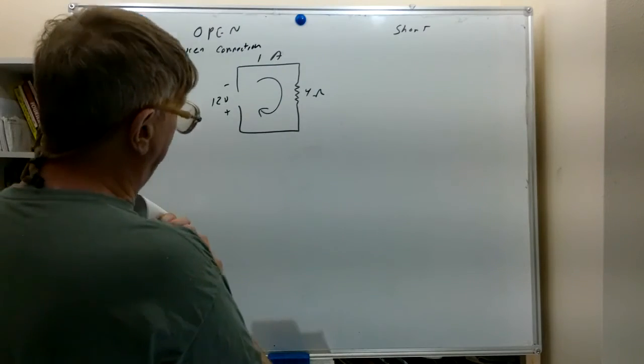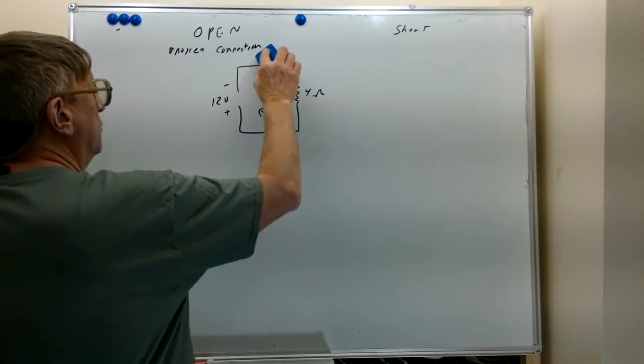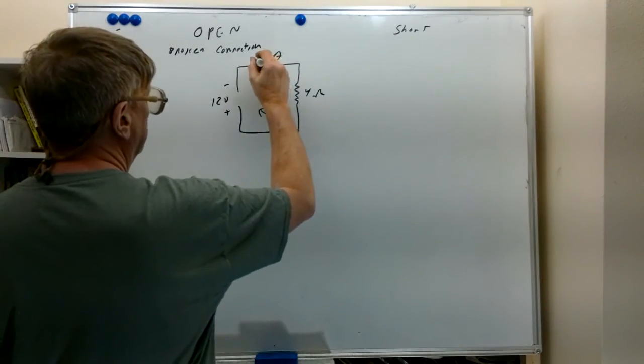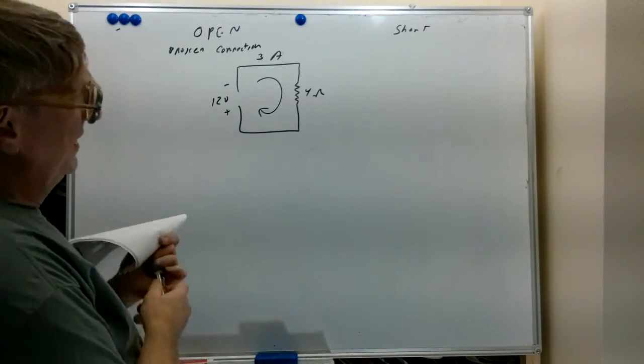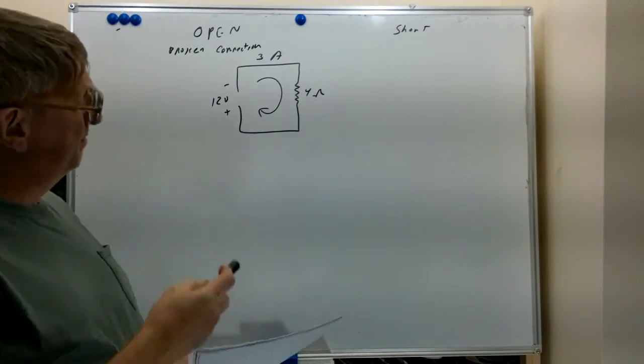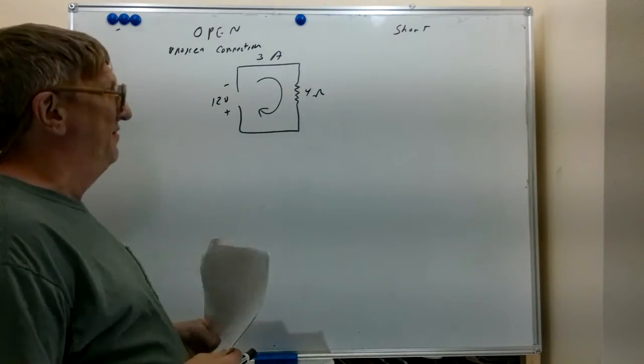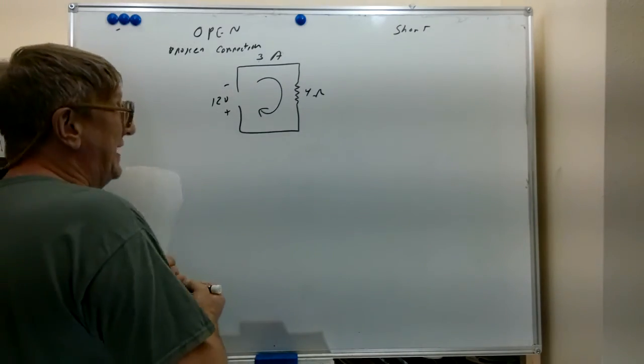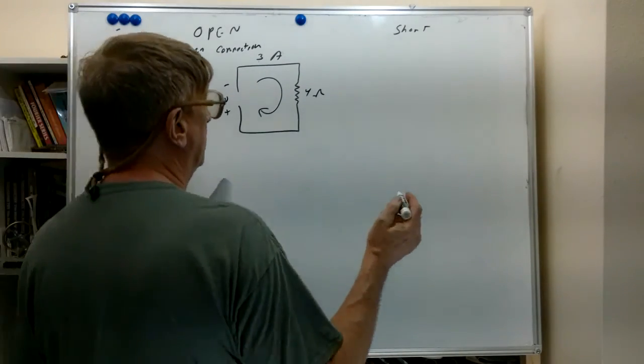Now say we had the same circuit rolling along happy at 3 amps. Now resistors, being the material they're made of, they're not really likely to go to 0 ohms, or even likely to get much less than the original value.